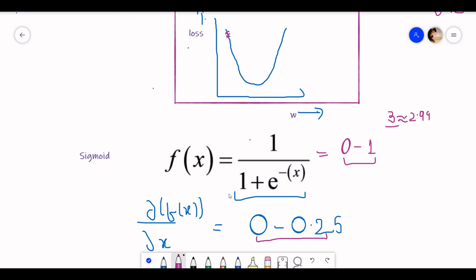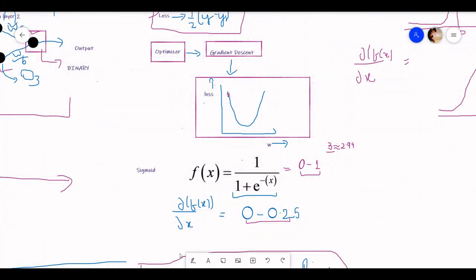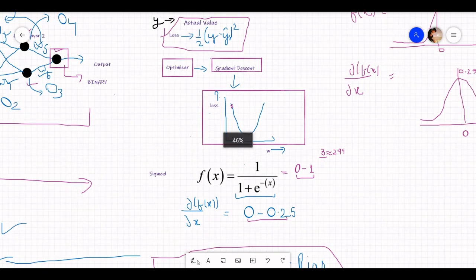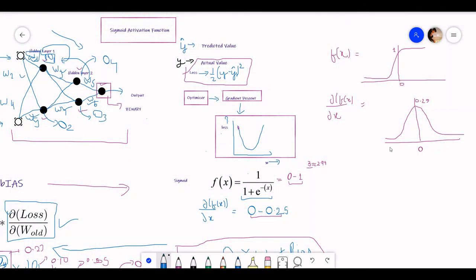Because of that, whenever we have a small neural network like this, we can use our sigmoid activation function. But suppose we have a large number of hidden layers and a large number of neurons.